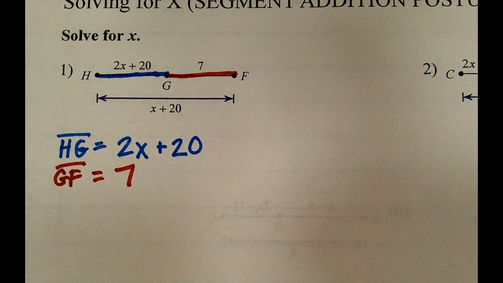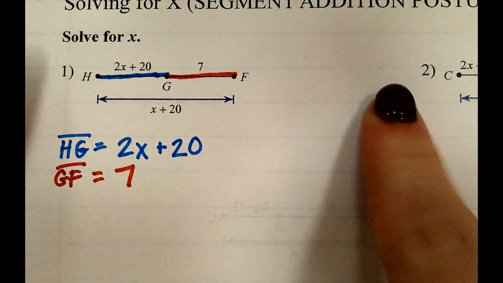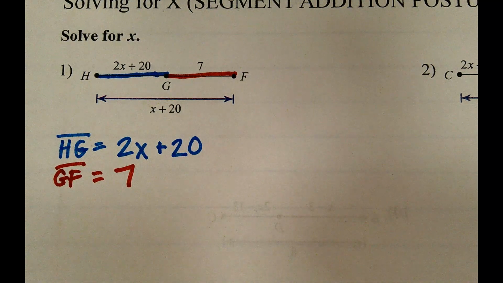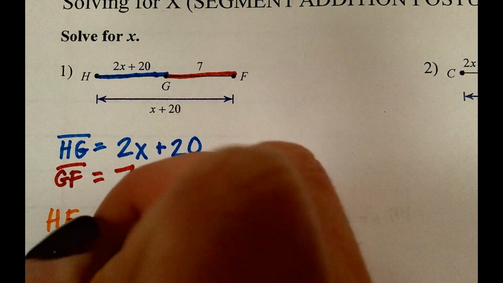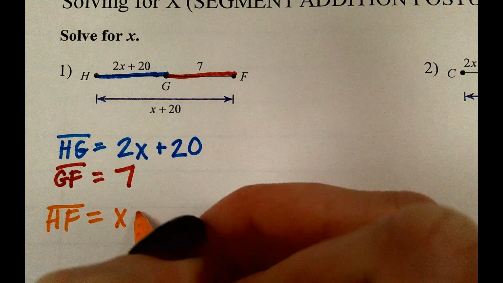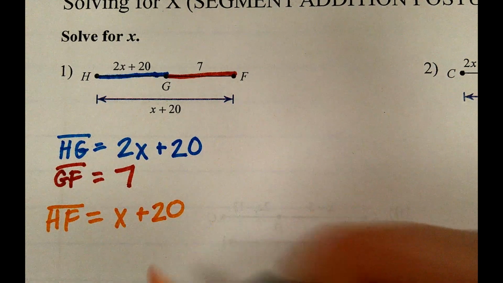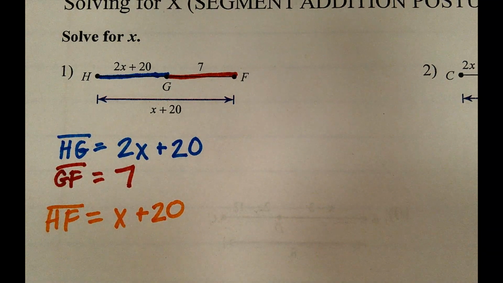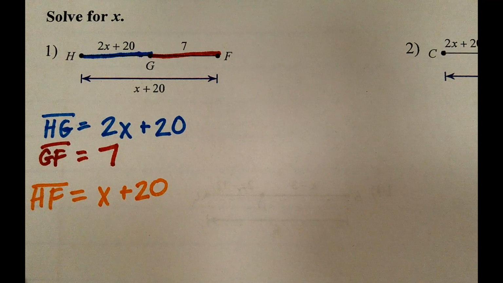You'll do great. Okay, so I have HG is 2x plus 20, GF is 7, and HF, the whole length, is x plus 20. Now, if writing all this out makes it more confusing for you, don't write it all out. You can do math. This is the beautiful thing about math. You can solve a problem in about 2 million different ways and get the right answer every time.